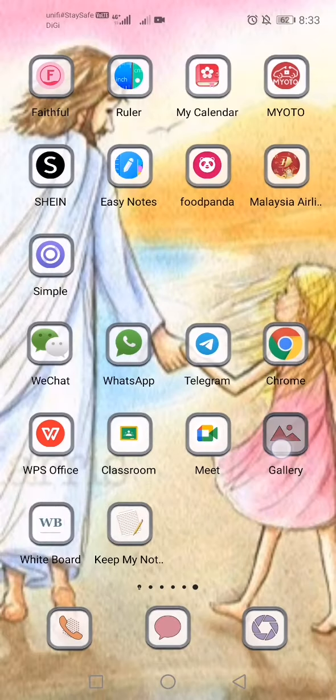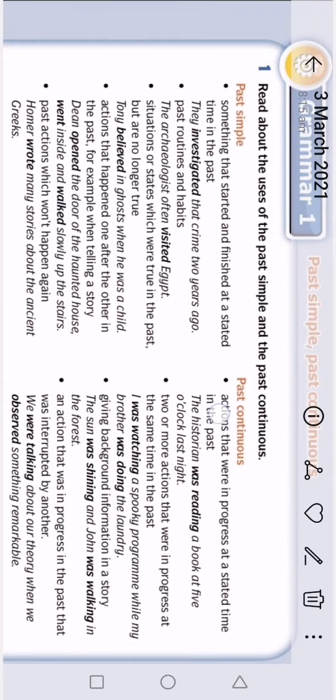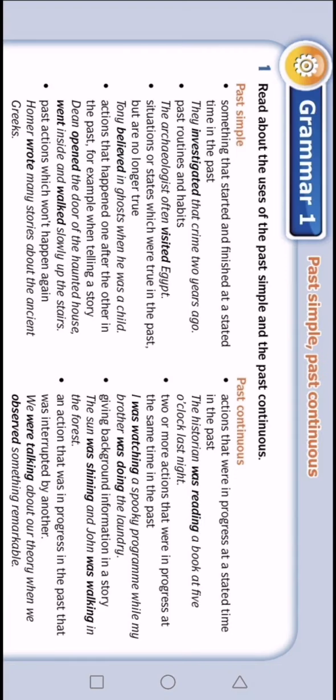For example, let's look at it. It's here already. The historian was reading a book at 5 o'clock last night. 他要讲的意思是，在5点那个时候，他正在读这一本书。Apa yang dia tengah cakap, kenapa tambah ing? Ialah dia tengah menjelaskan pada waktu itu jam 5, dia tengah membaca buku.